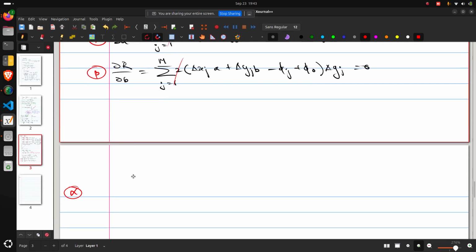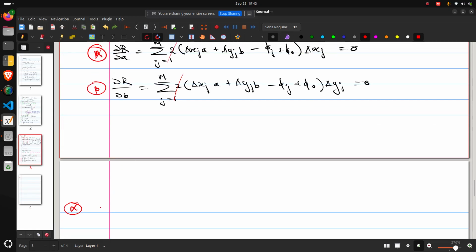Okay, so equation alpha, we'll just write it down.